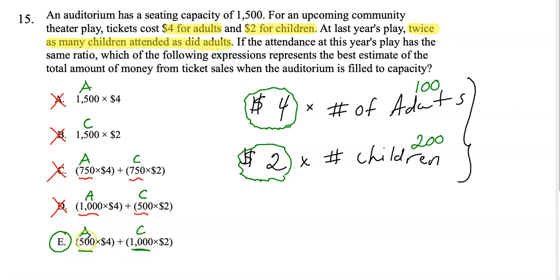The number of adults is 500. So the number of children is twice the number of adults. And the adults paid $4. The children paid $2. And the total capacity, well, 500 adults plus 1,000 children totals to 1,500, which is the maximum capacity. Let's move on.